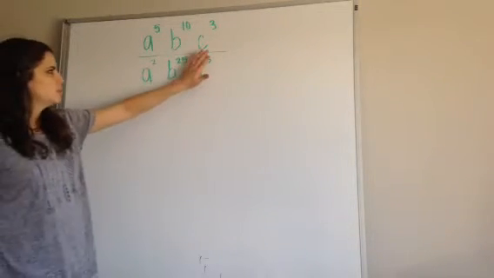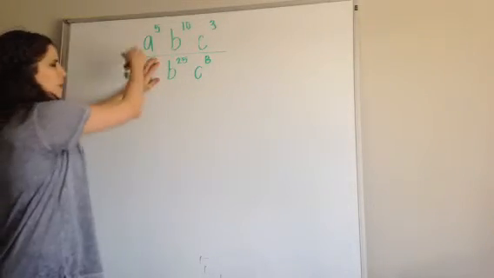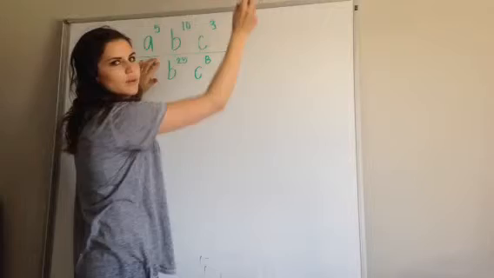Okay, and assume that there was no, let's start with A. Say that there was no A. If there's not another A, then you would just write A to the 5th over there.